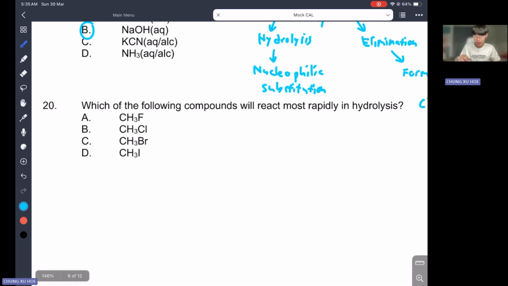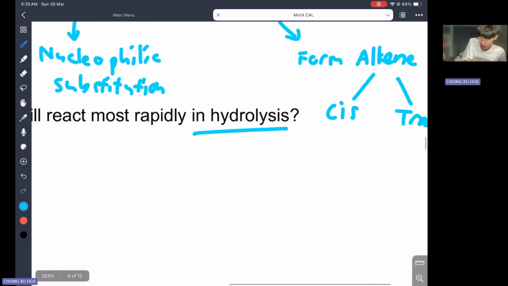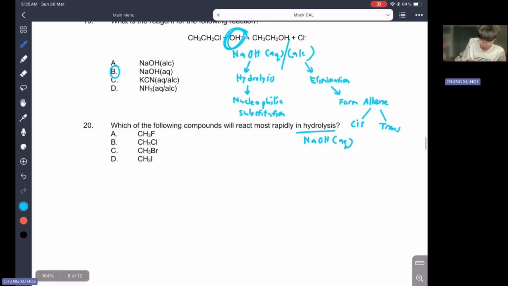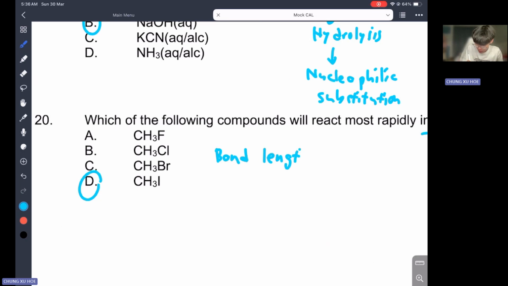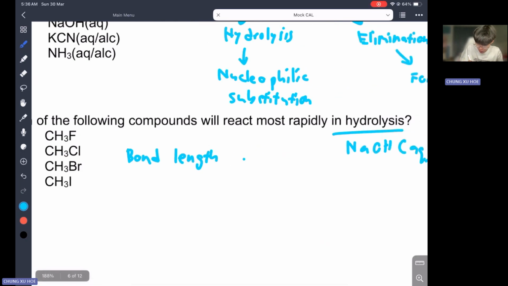Which of the following compounds will react most rapidly in hydrolysis? What's the reagent? NaOH aqueous. Okay, here it's going to be answer D. How do I know? Because I will explain your bond length affects your bond strength.